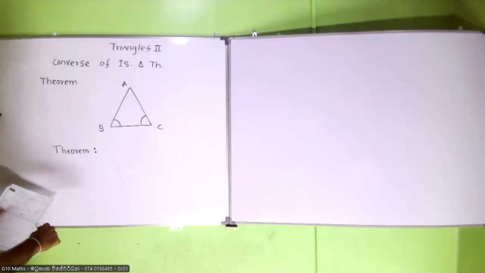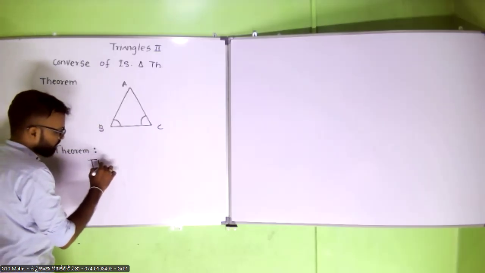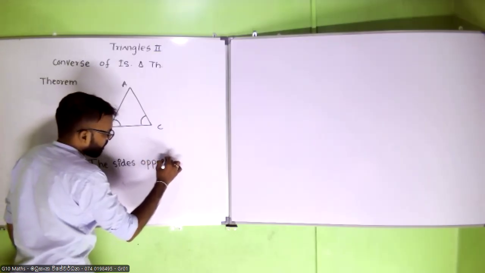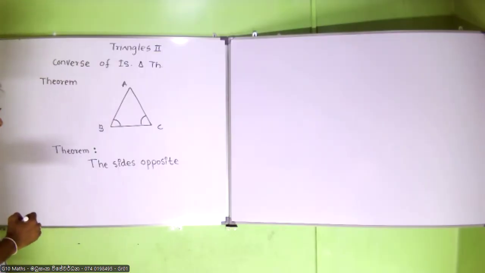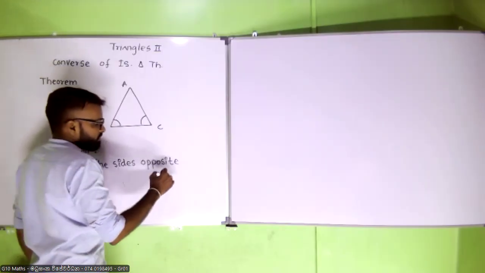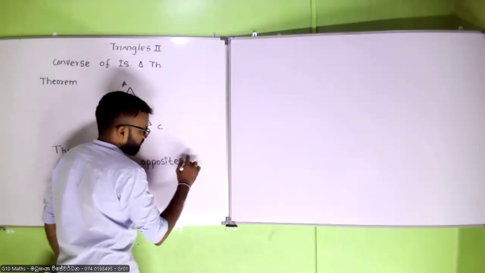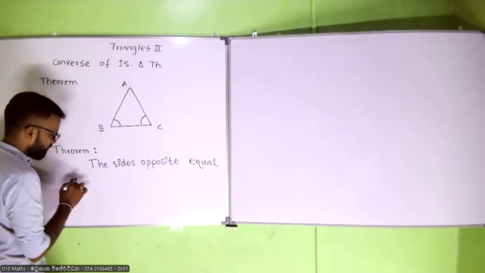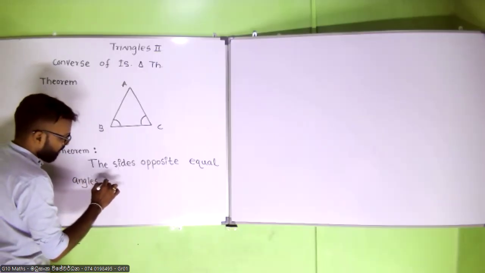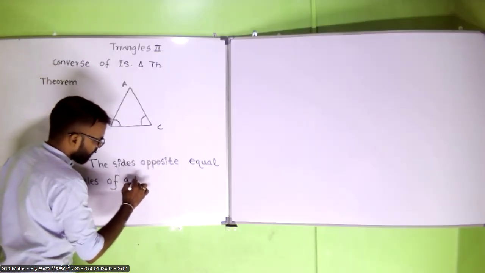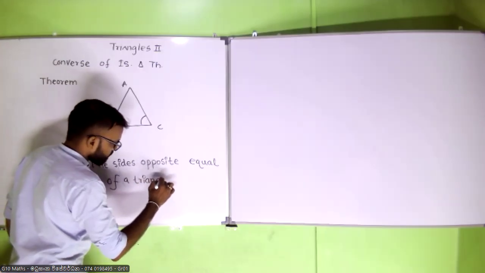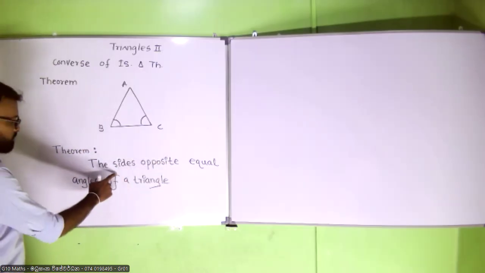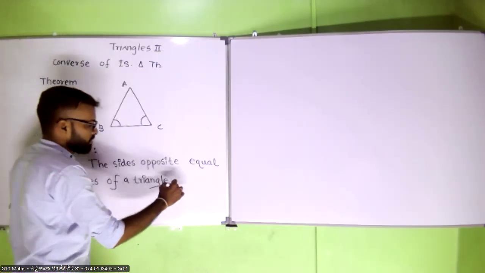Then write this. The sides opposite equal angles of a triangle are equal.